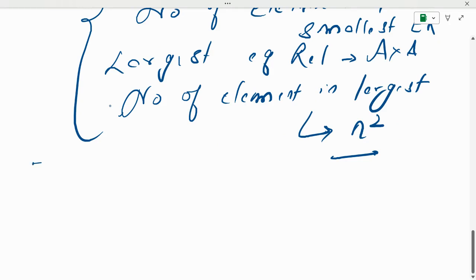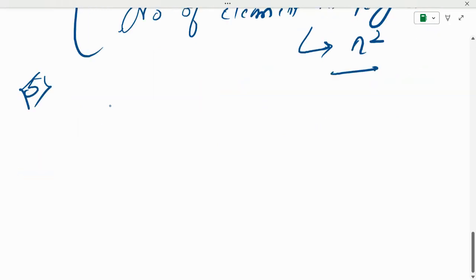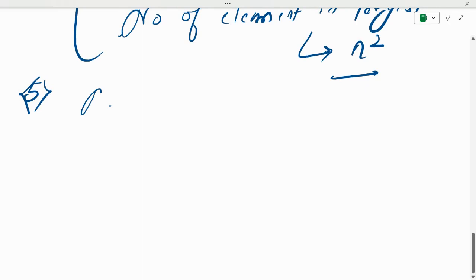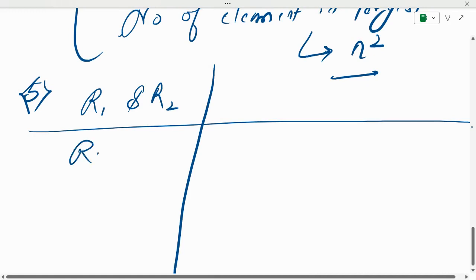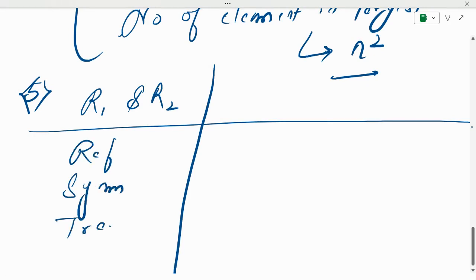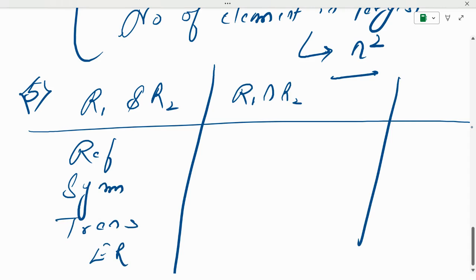The fifth point is that if R1 and R2 are two equivalence relations, then R1 and R2 will be reflexive, symmetric, and transitive. So what will be R1 intersection R2 and R1 union R2?